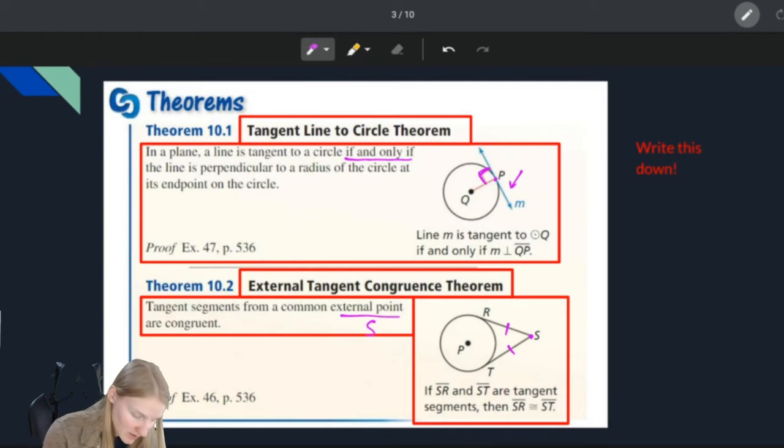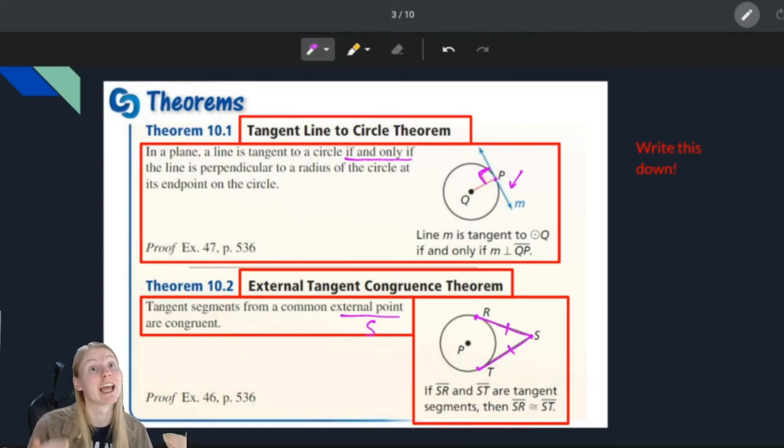That's all that means: if this is a tangent segment and this is a tangent segment, they have to be congruent, which means that their lengths are equal. That's it. And today we are going to do 2 examples, one of each theorem, and then you'll have homework. So let's get on with it.